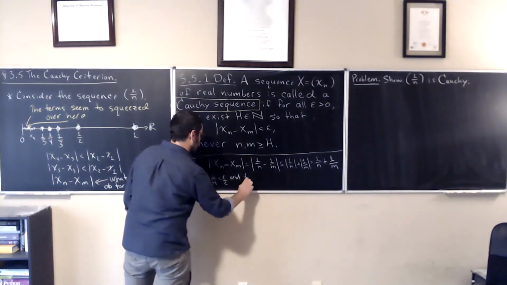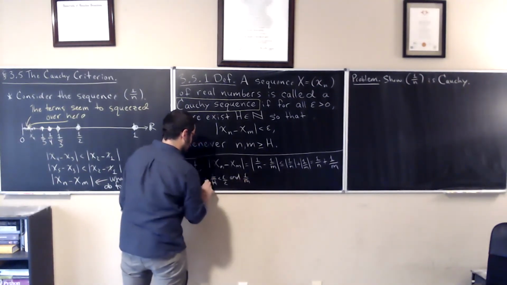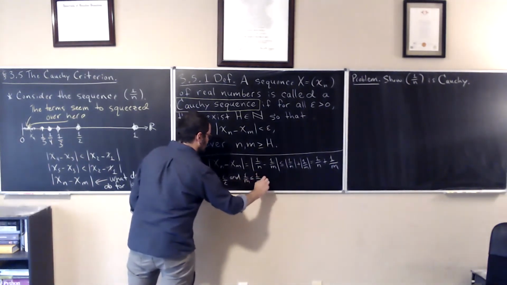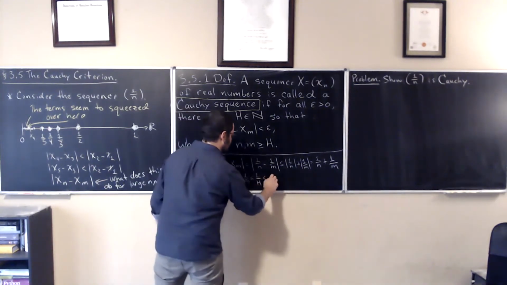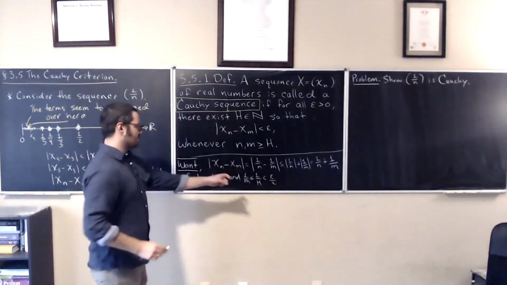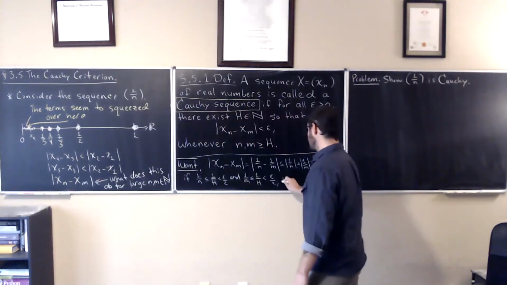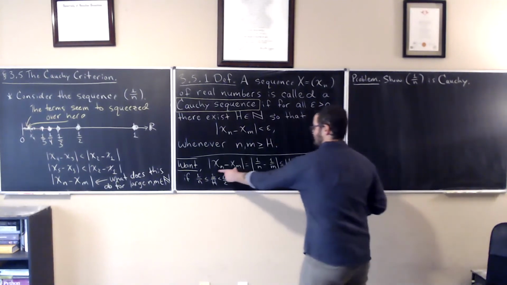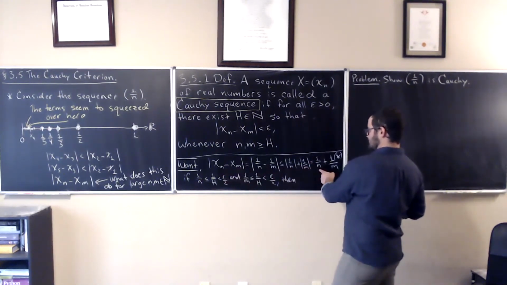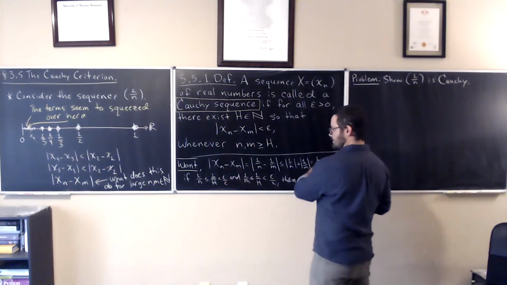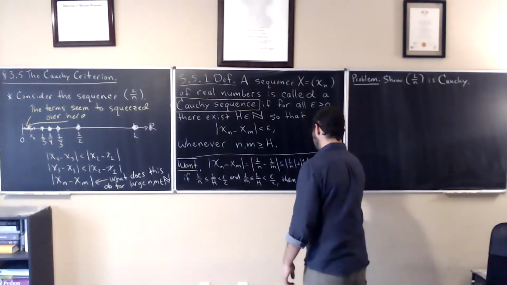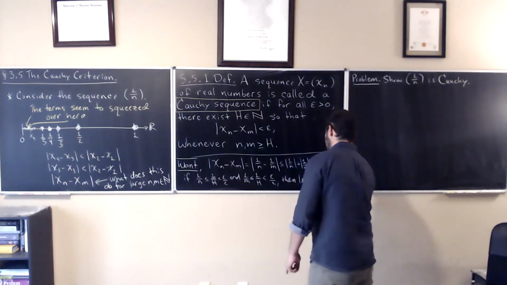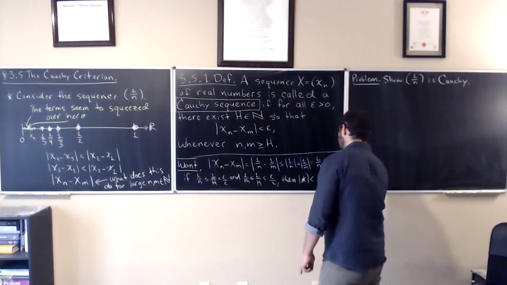And then 1 over m is less than or equal to 1 over h, less than epsilon over 2. If these things hold, then this, which is less than or equal to 1 over n plus 1 over m, is less than epsilon over 2 plus epsilon over 2, equal to epsilon.